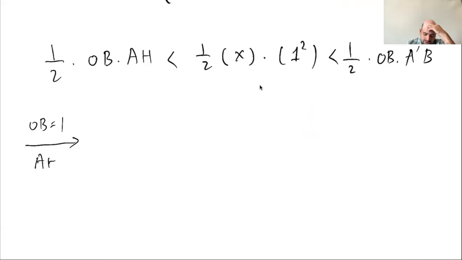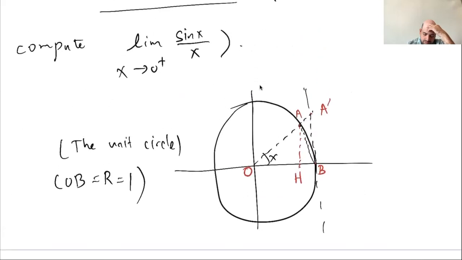What about AH? OB is the radius, which is 1. AH is how much? See, if you remember, in the first lecture I reminded you that for finding sine and cosine of an angle, first you need to find the angle, then find the point on the unit circle, and then the y-coordinate of this point, which is AH here, is considered as sine x. The x value is considered as cos x.